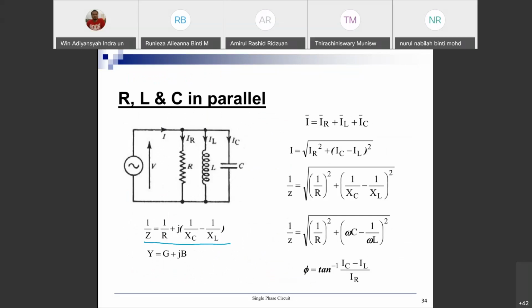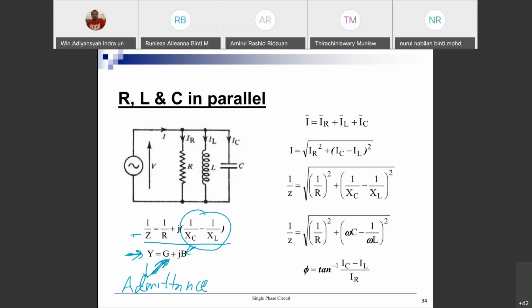Because parallel, so 1 over Z. Some textbooks say 1 over Z equal to Y, 1 over R equal to G, and the reactive one equal to B. Y is admittance.